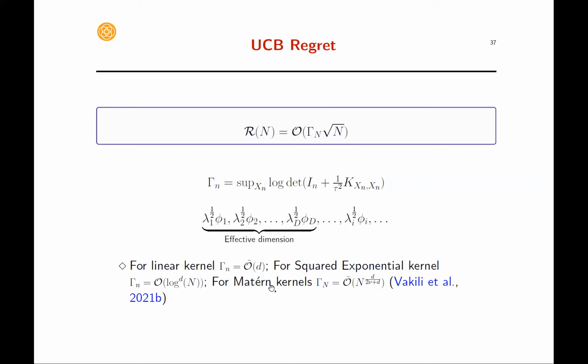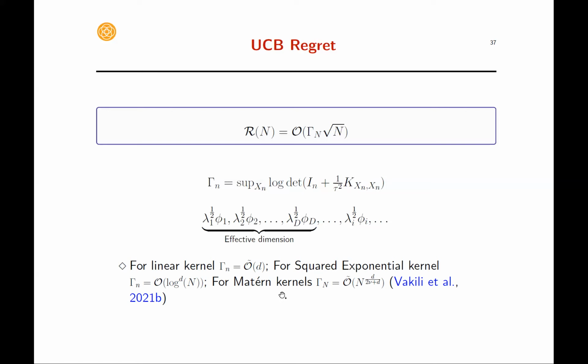But what are the exact values of gamma n for different kernels? For example, if you have a linear kernel, gamma n is basically the dimension of the input up to logarithmic factors. For very smooth kernels, such as the squared exponential kernel, which can regress very smooth, infinitely differentiable functions, gamma n is logarithmic in n.